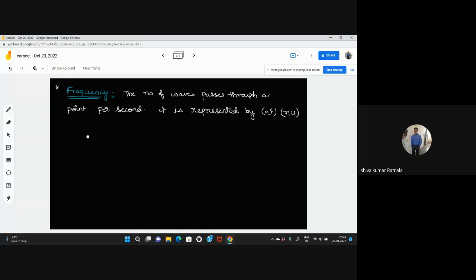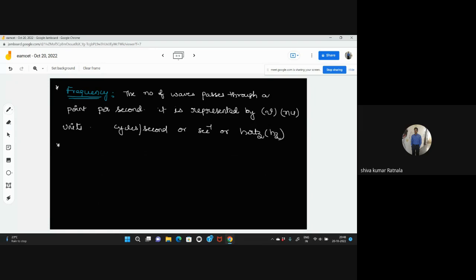Okay, and the units are cycles per second, or simply second inverse, or hertz. Simply we represent it as hertz.